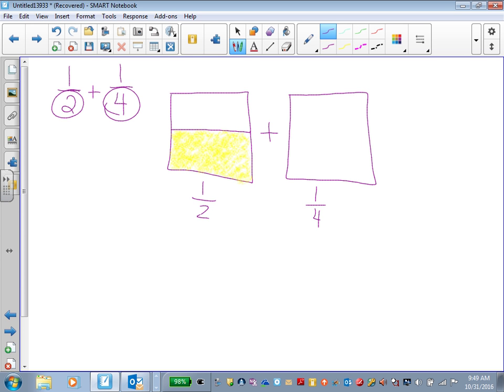How many sections does this box need to be divided into? 3 vertical lines, which would give it 4 vertical sections. So we divide it in half one time, and then divide that half in half, and that half in half.